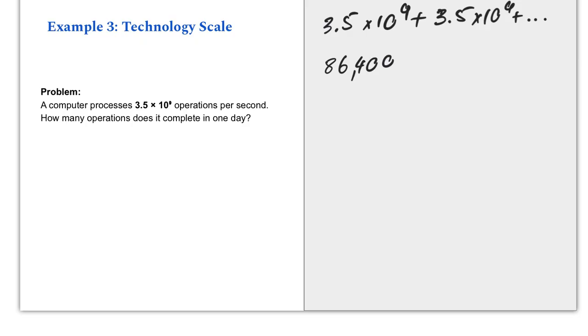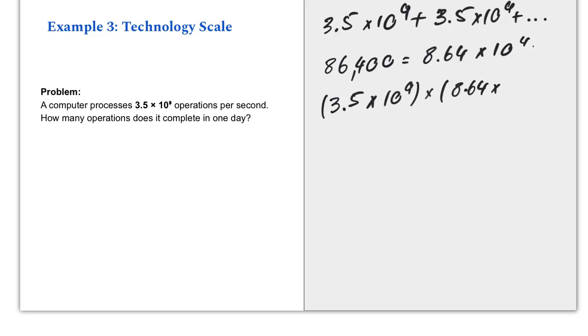There are 86,400 seconds, which is written in scientific notation as 8.64 times 10 to the fourth power. So let's go ahead and multiply 3.5 times 10 to the ninth power multiplied by 8.64 times 10 to the fourth power.